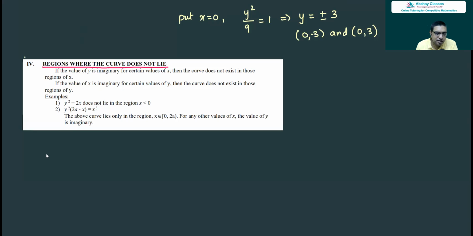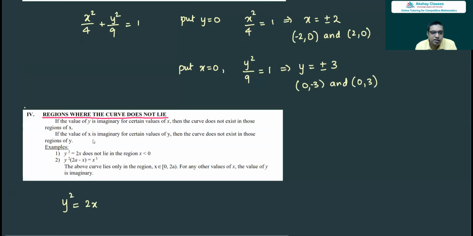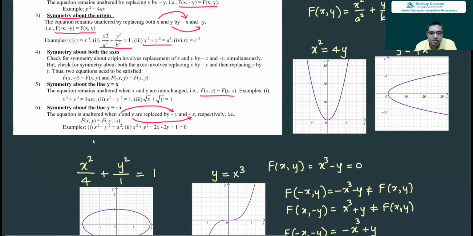So here, two examples are given. y square is equal to 4x. So when x is negative, y is not defined. So this is the y square equal to 4x form. It's like a parabola, like the one we see here.